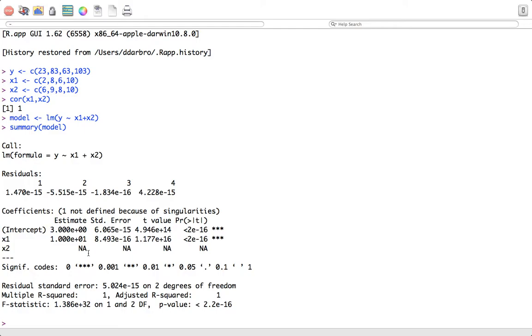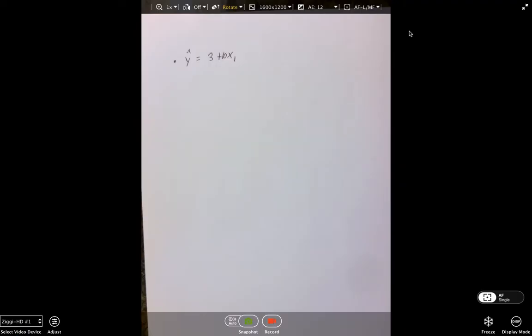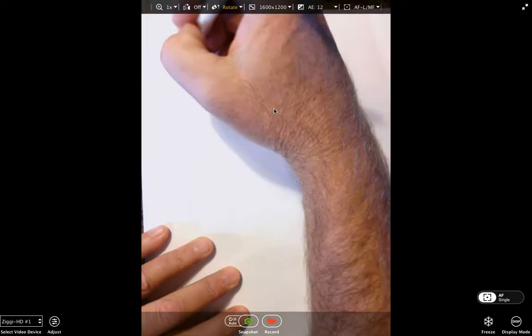So it turns out that one model is 3 plus x1. No, that's not right. That's 10, isn't it? Yeah, because if you look right here, this isn't scientific notation. It's really strange why I did that. But anyway, that's what it is. So back over here. So that's just going to drive me insane. I can't handle that.